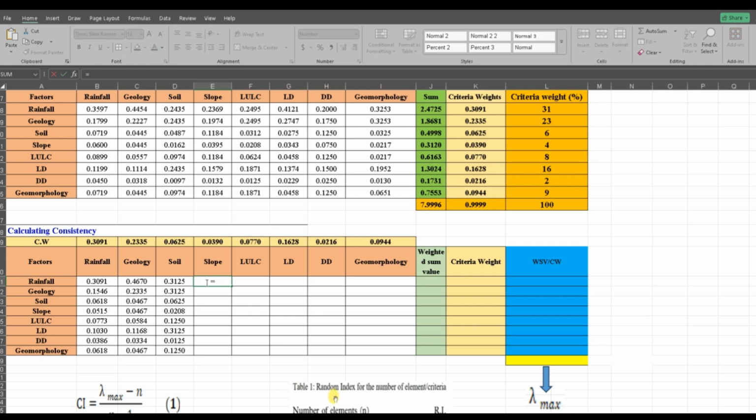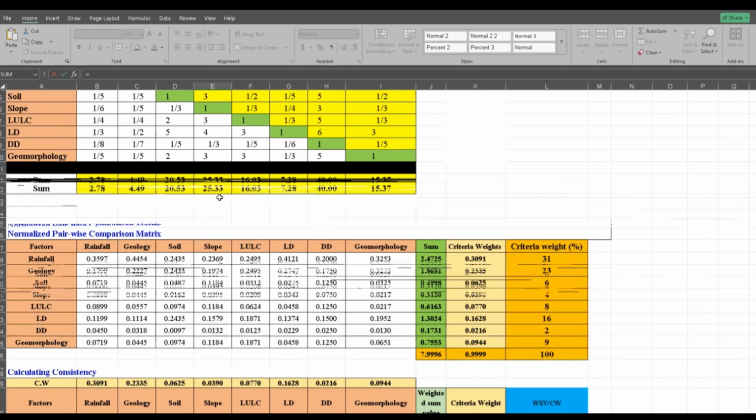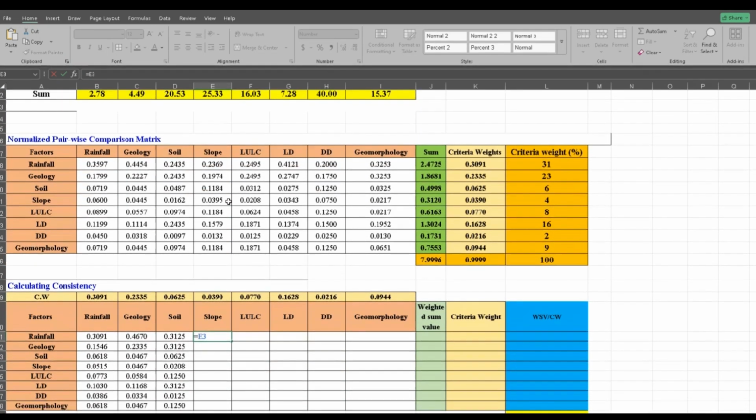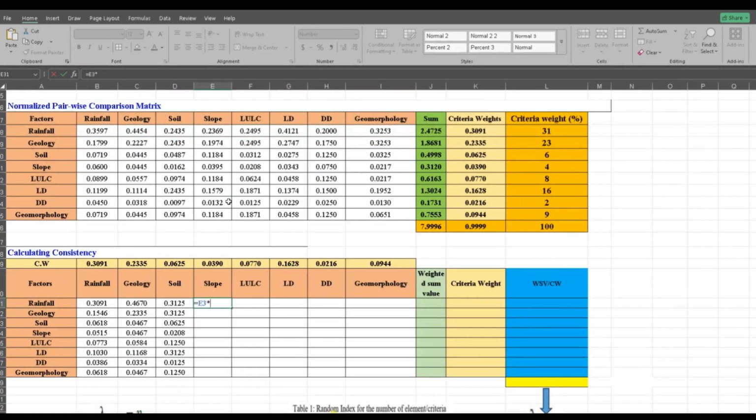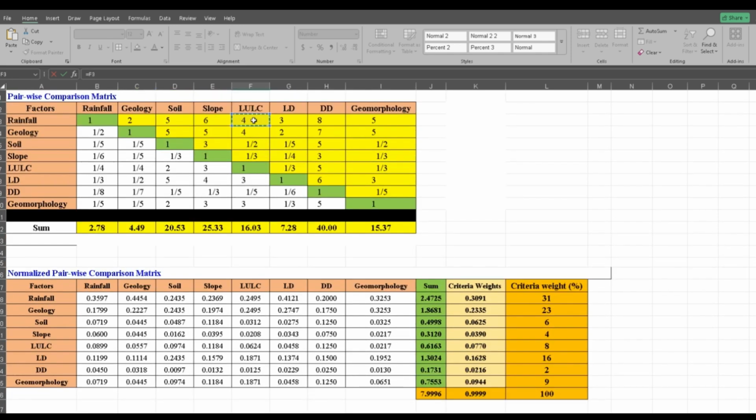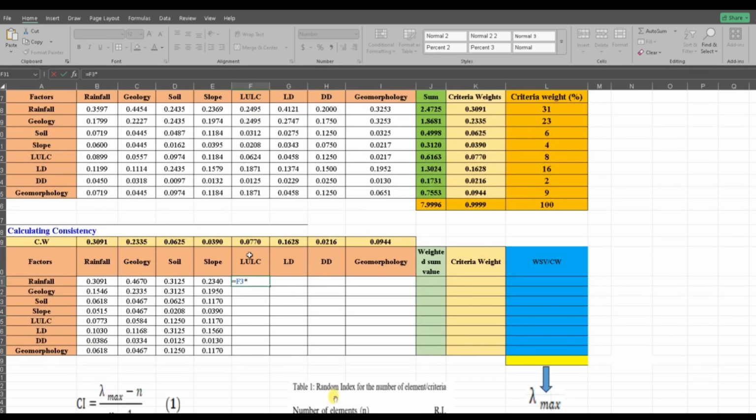For slope, in the same way, the value of the first cell is equal to E3 multiplied by the criteria weight for slope, 0.039. Again, this value is equal to F3 times the criteria weight of land use land cover, 0.077, which is equal to 0.38.